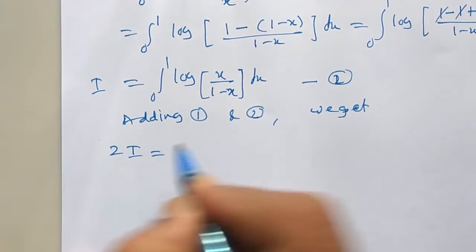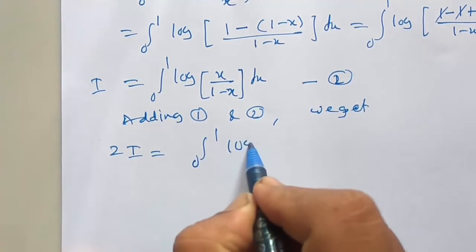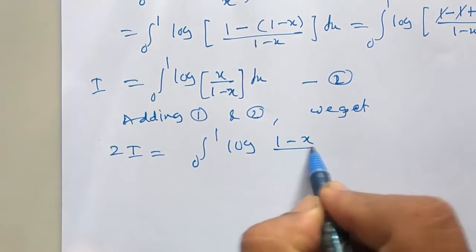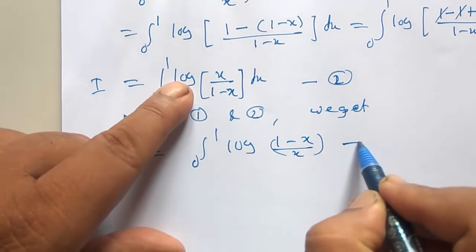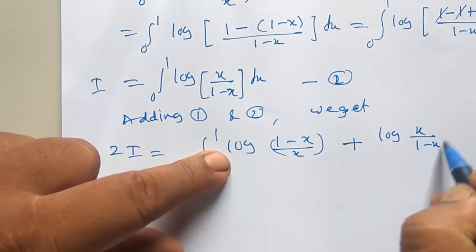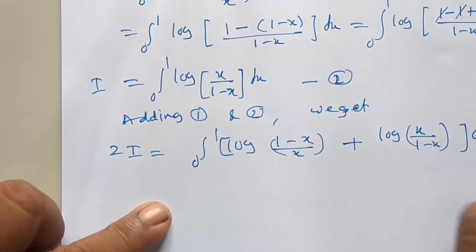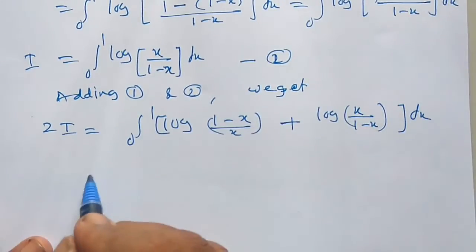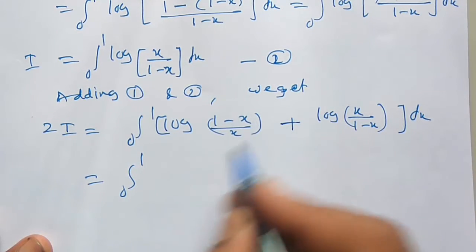I plus I becomes twice I. Here, the integral from 0 to 1 of log of (1 minus x) upon x plus log of x upon (1 minus x) dx is equal to the integral from 0 to 1 of log m plus log n, which is log of m into n.